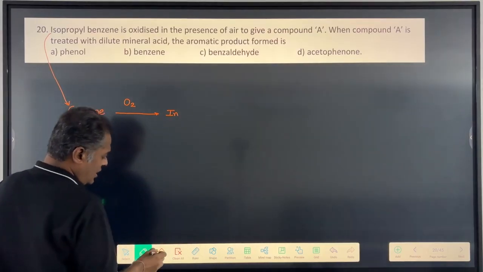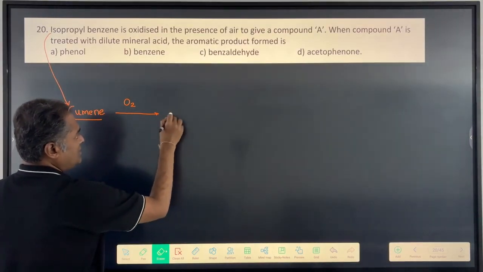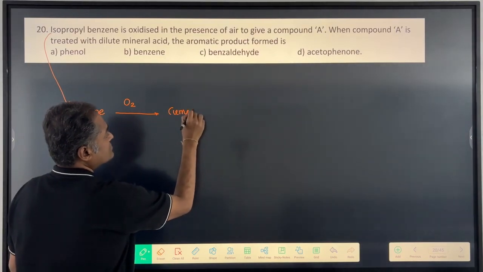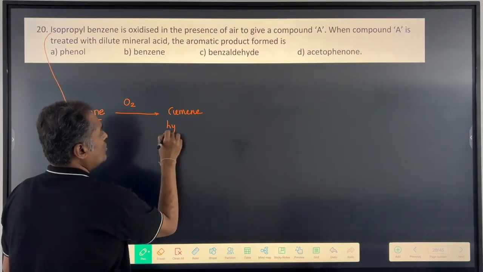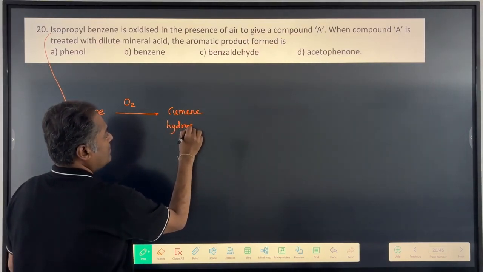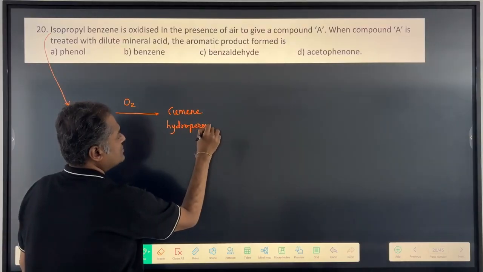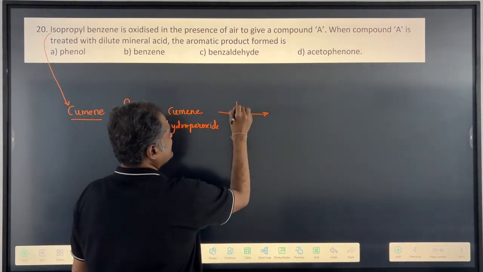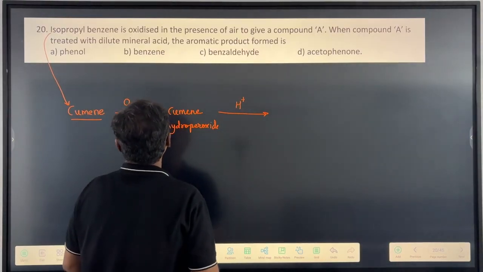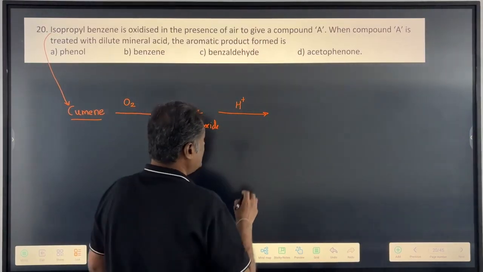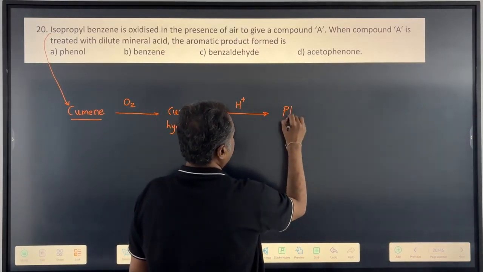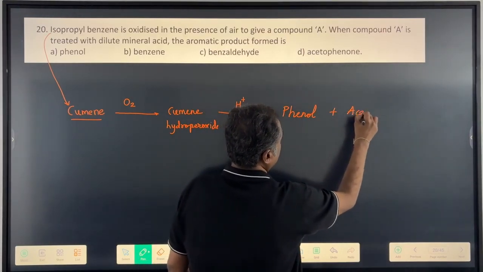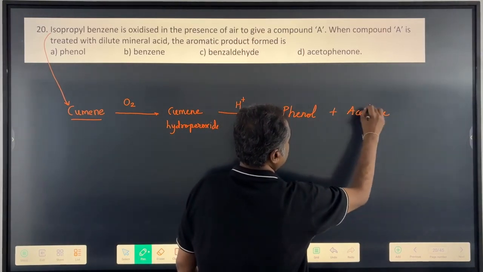The name of that intermediate product is called cumene hydroperoxide, which on further treatment with mineral acid, you get phenol and acetone as the byproduct.